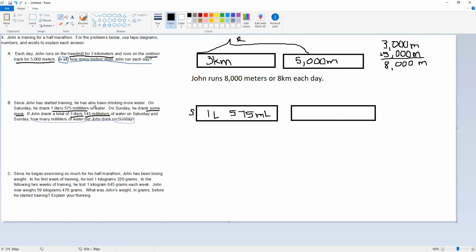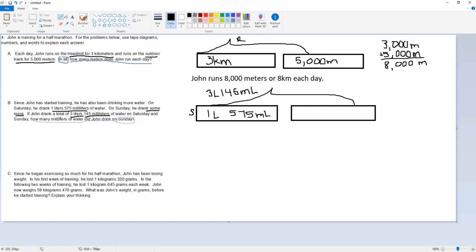So that's a definite, we know that information. And on Sunday, we just know he drinks some more. So that doesn't really tell us what he actually drank on Sunday. So that's part of what we're trying to figure out. But we know he drank a total, so altogether, between these 2 days, he had 3 liters, 145 milliliters. Okay, so that's with this and this.